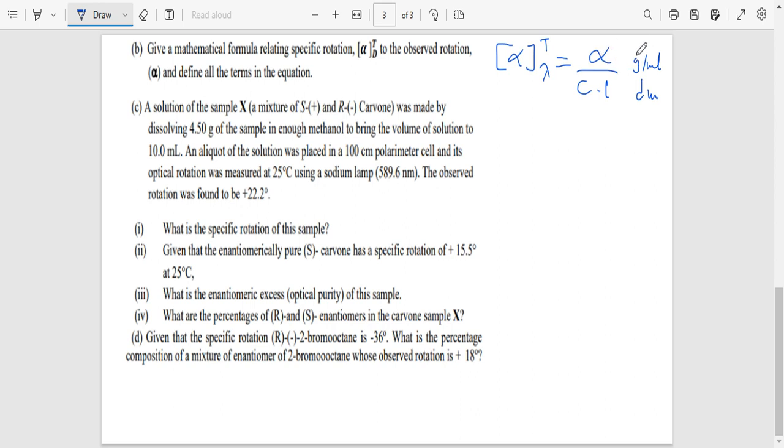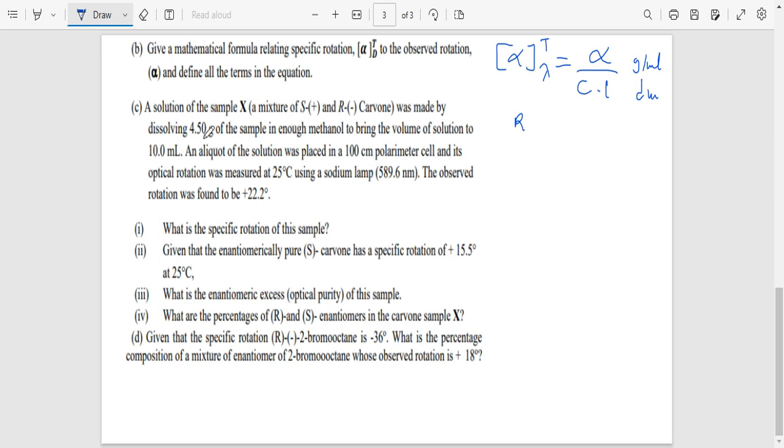The observed rotation is in degrees. Okay. Now, a solution of X, which is a mixture of S, which is positive, and R, which is negative, should tell us that R rotating plane polarized light to the right doesn't mean that it will always be positive. Depending on the substance, R can also rotate to the negative angles, right?